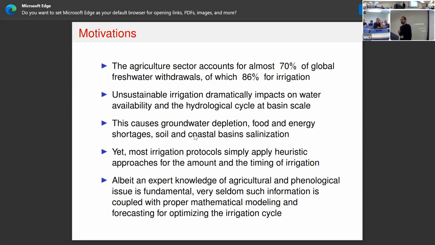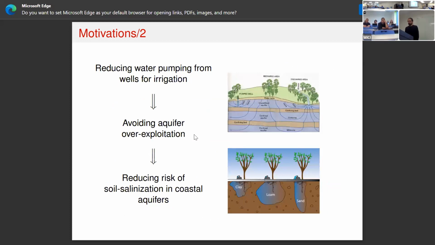So this is also in line with what popped up yesterday in the plenary of Sarah Burke. So we have the tools. Are we willing to transfer these tools and make use of them? Okay, so yeah, this is basically part of the motivations that somehow steer our interest in this problem.